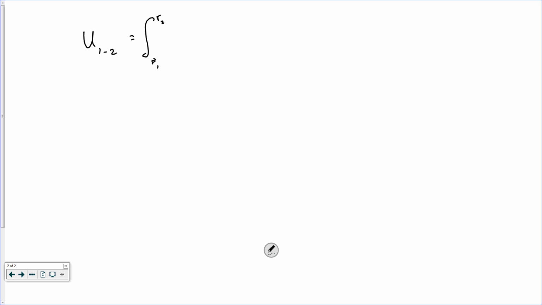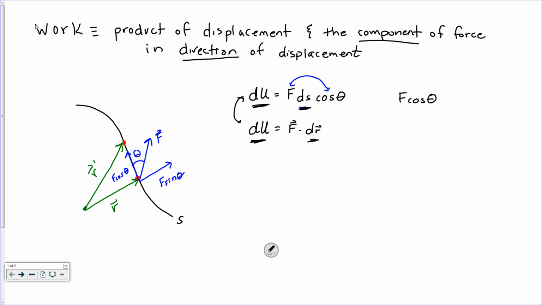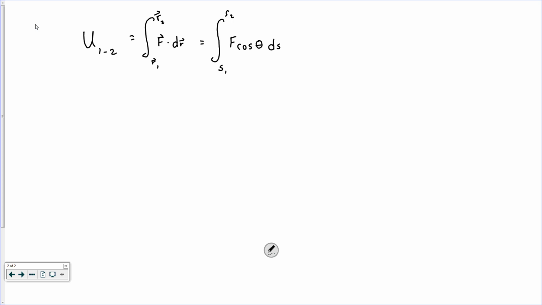So from R1 to R2 of F dot dr, or if we do it in scalar notation, S1 to S2 of F cosine theta ds. Here all I've done is bring that cosine, which was originally at the end of my expression, in between the F and the ds. That's all I did there. Okay? So if I want to know the total amount of work that's done from position 1 to position 2, which we have to define, then I would just integrate F dot dr or F cosine theta ds.